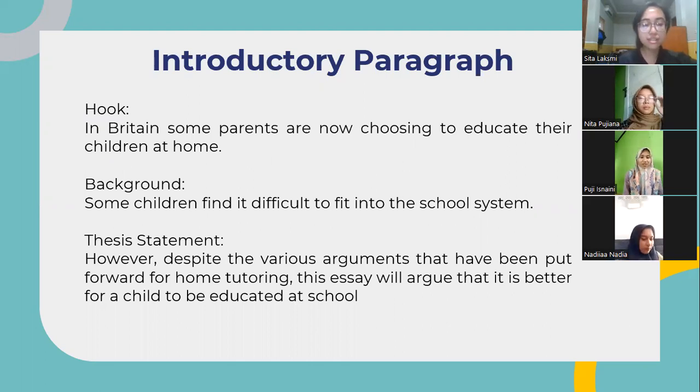We can see in the thesis statement: however, despite the various arguments that have been put forward for home tutoring, I will argue that it is better for a child to be educated at school. In this thesis statement, there are two sides of the argument, pros and cons, about sending their children to school or keeping them at home.